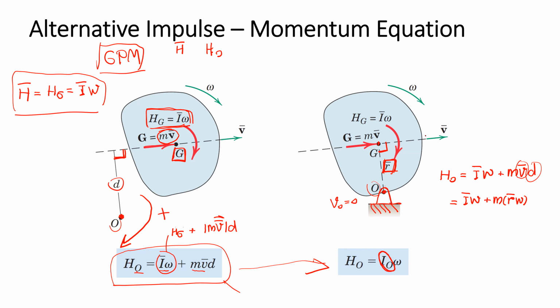The rigid body can rotate, but the velocity of point O is always 0. It doesn't move. So here, the orthogonal distance d in this case is equal to the distance between point G and point O. What we can see here is we have the common term omega. We have I bar plus m r bar square, multiplied by omega.